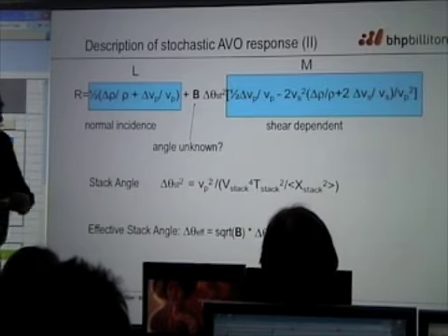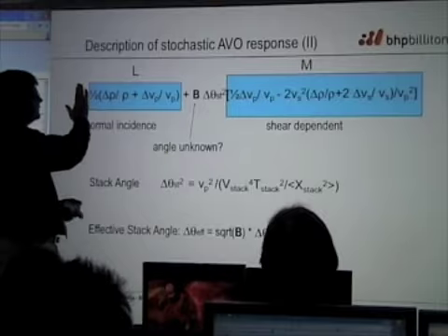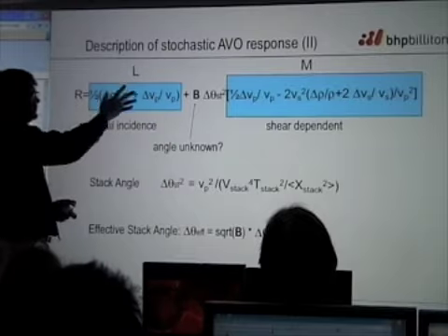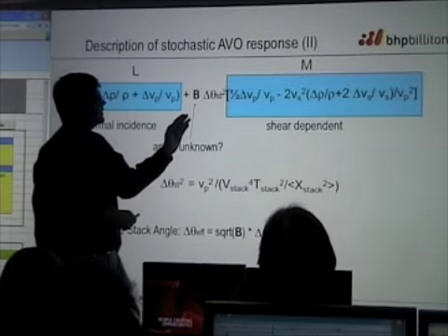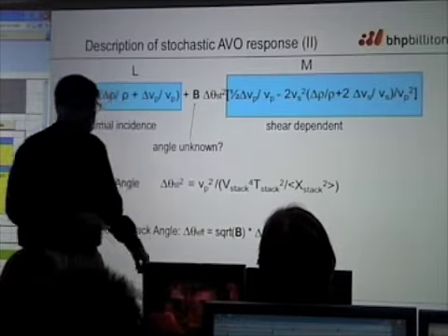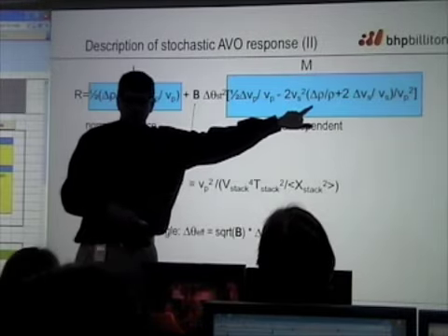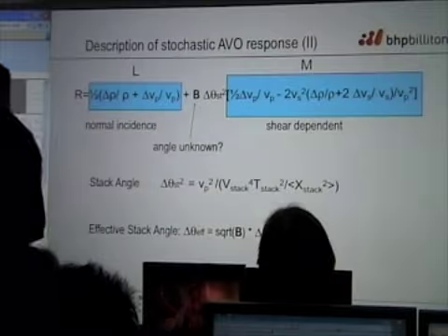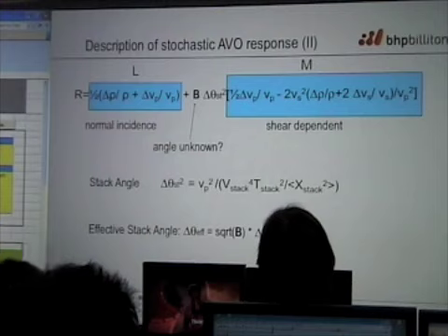Many times, if you come from other companies, this is called L, and this is called M. This is the intercept and slope, and those of you with a mathematical background probably realize why they call these L and M. There are standard mathematical labels for that.